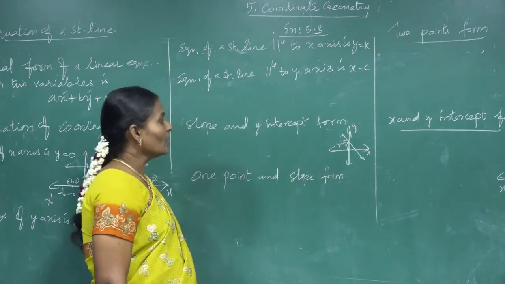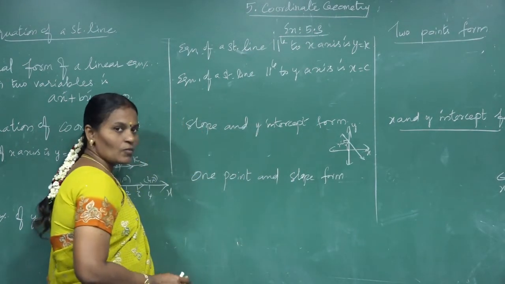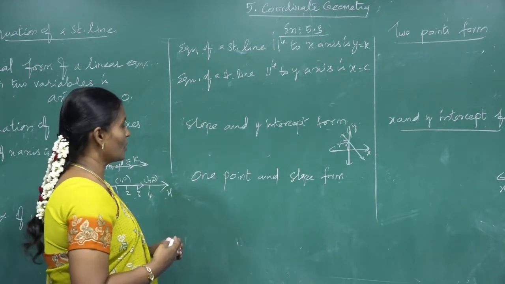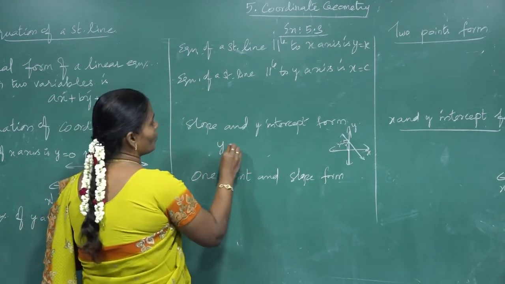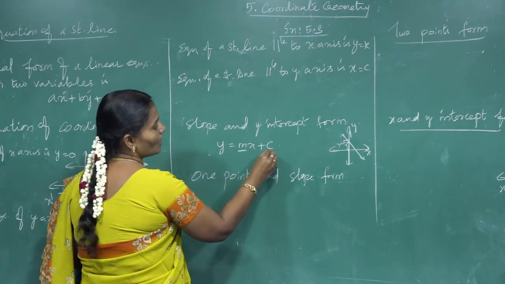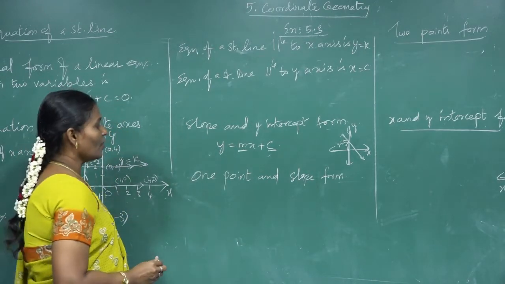Okay? So here, slope and y-intercept given means what is the general form of that equation? So here y is equal to mx plus c. Here m is the slope and c is the y-intercept.